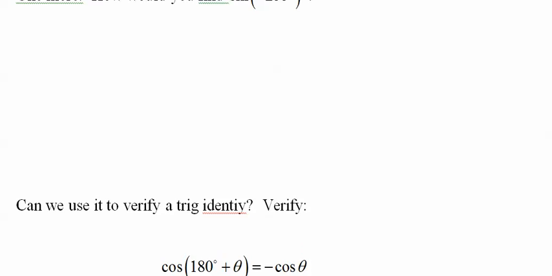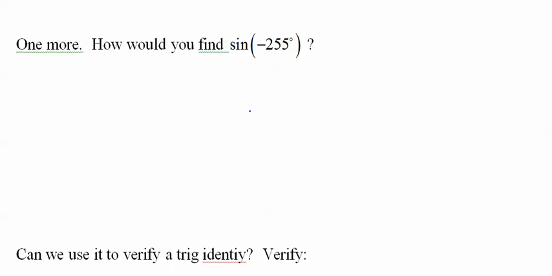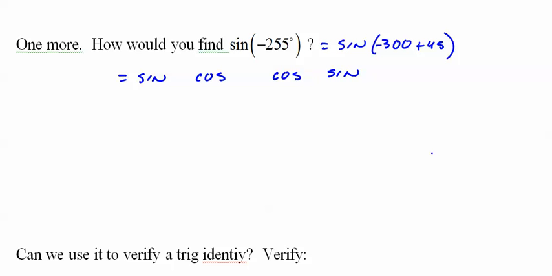So, slightly trickier problem. How about negative 255? Now you can add or subtract. I have no idea what I'm going to do, but I know 300. Let's make it negative 300 plus 45. Yeah, that'll get us there. So I believe sine was sine, cosine, cosine, sine.